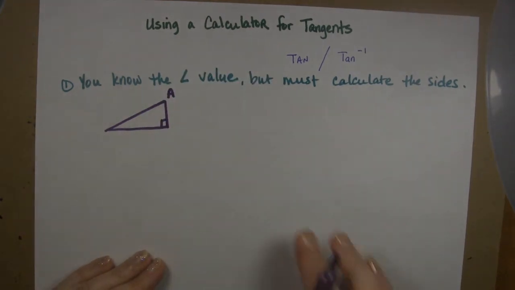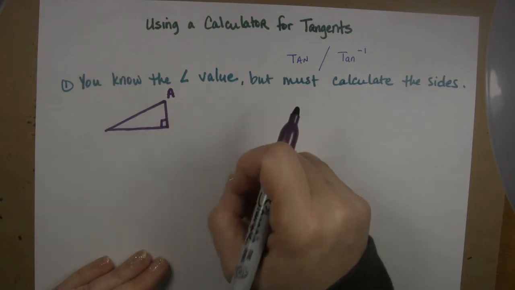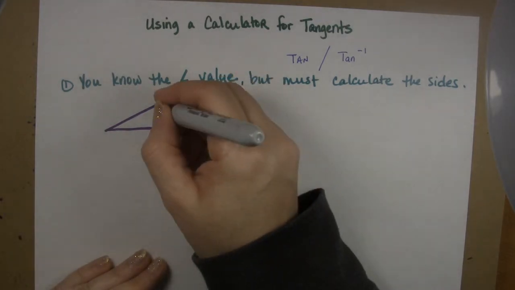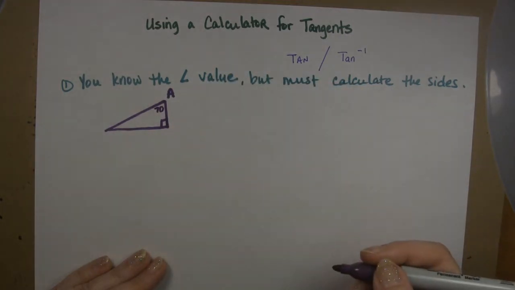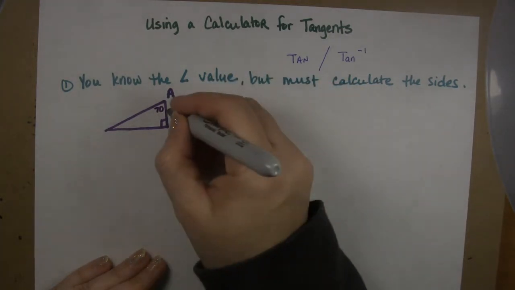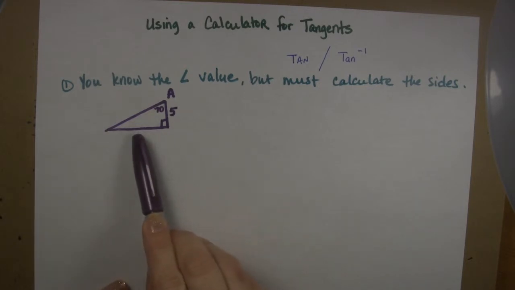So here is my handy dandy triangle, and I have my vertex A marked, so I know what vertex we're talking about. And I know that A is a 70-degree angle. I also know that this side is 5. So I can now calculate the length of this opposite side. Here's how I would go about doing that.